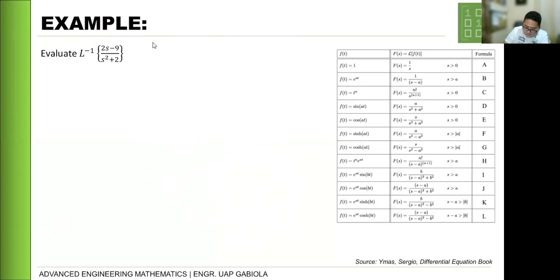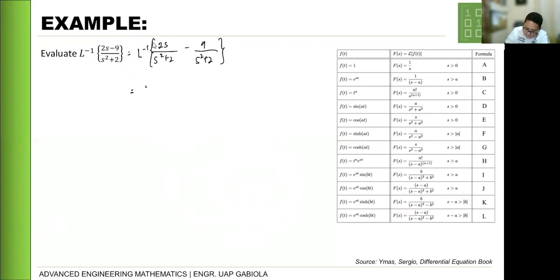So this particular example can be rewritten as 2s all over s squared plus 2. Okay, so let me just indicate lang yung ating L negative 1. Okay, and then we have minus 9 over s squared plus 2. So when you try to combine them again using LCD, you will just go back to the original equation mo. Okay, so applying yung ating property, so we can actually rewrite this into two transformations, and then we can factor out yung ating mismong constant.